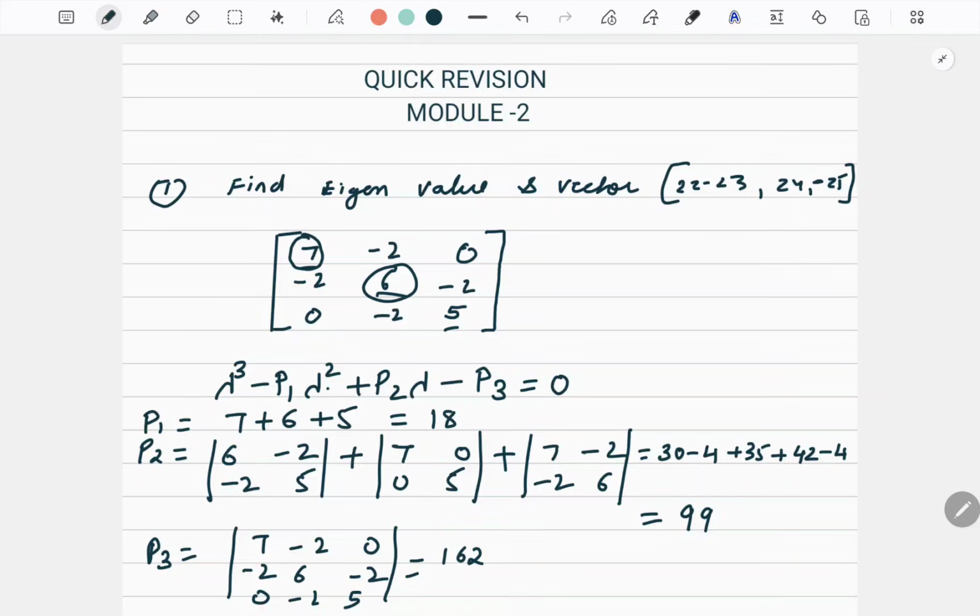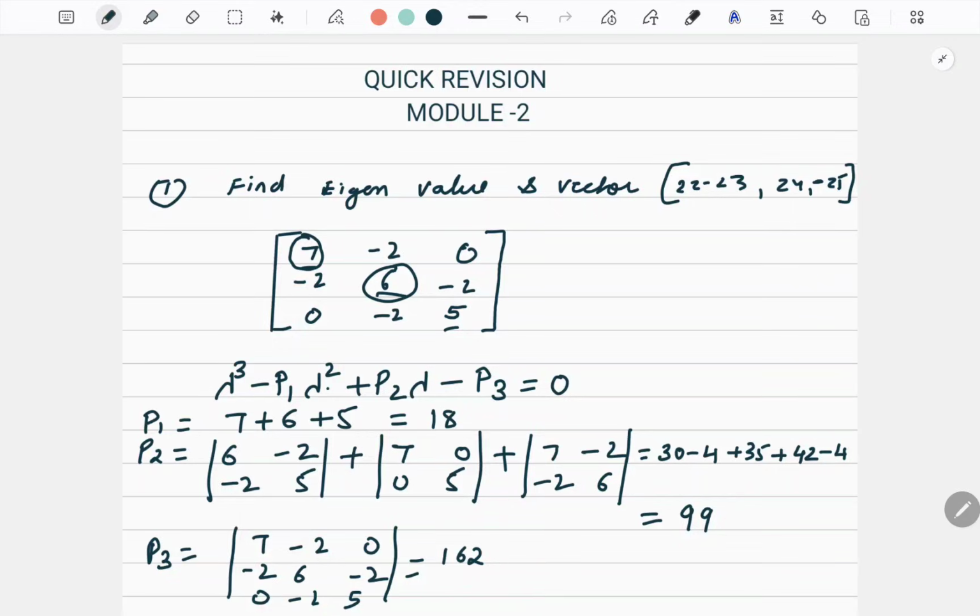I am selecting matrix A, where I pick 3 rows and 3 columns, and then enter 7, minus 2, 0, minus 2, 6, minus 2, 0, minus 2, and 5.